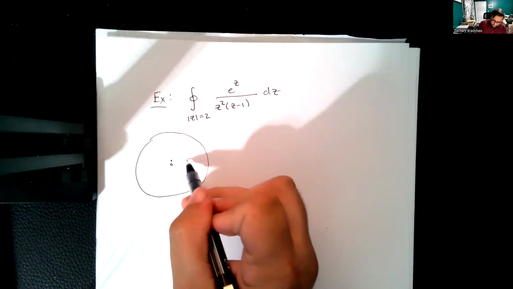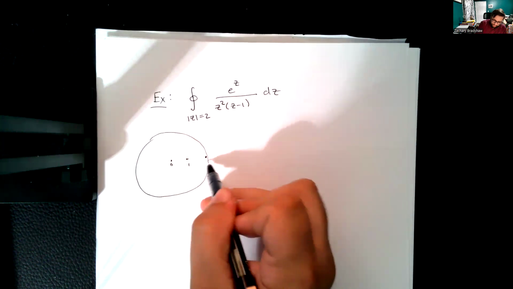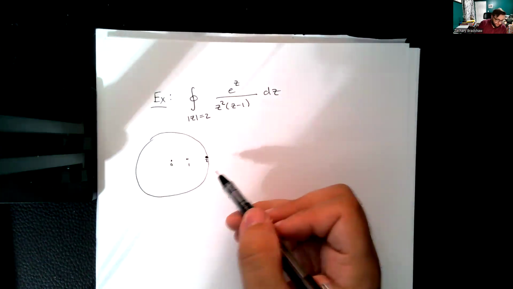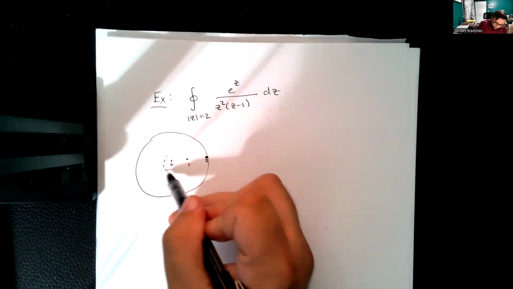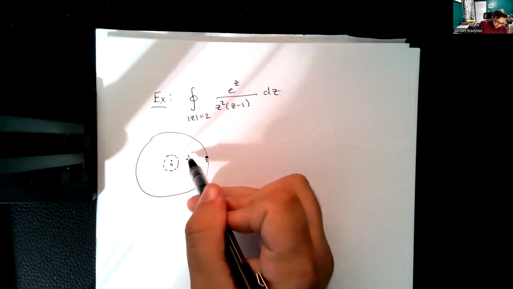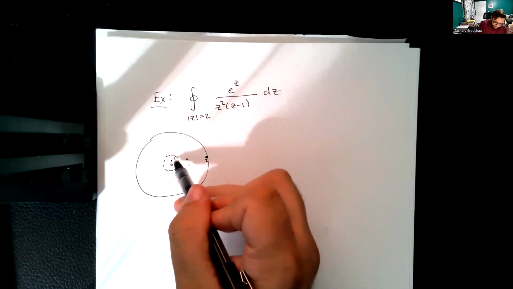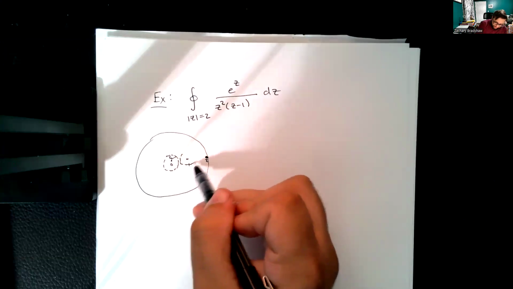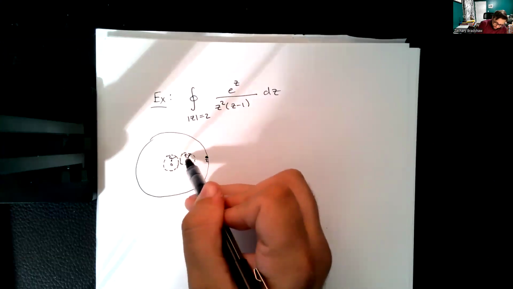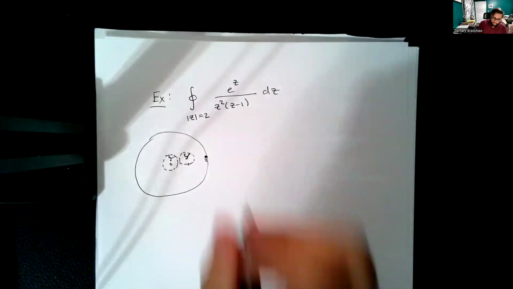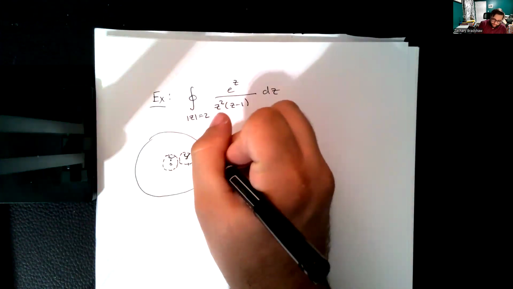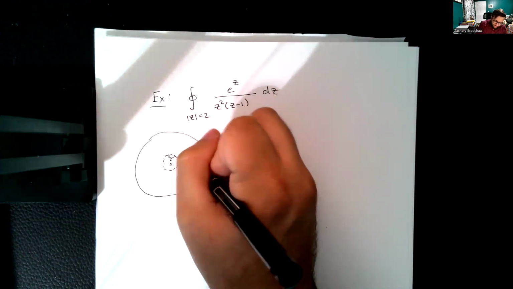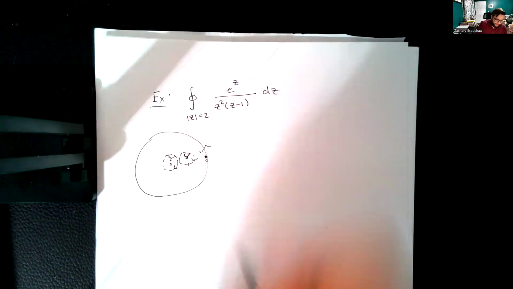So let's say this is 0, this is 1, this is 2. And what I can do is remove a circle of radius epsilon around 0 and a circle of radius epsilon around 1. All right, so now my boundary is going to look like this guy, and this guy.